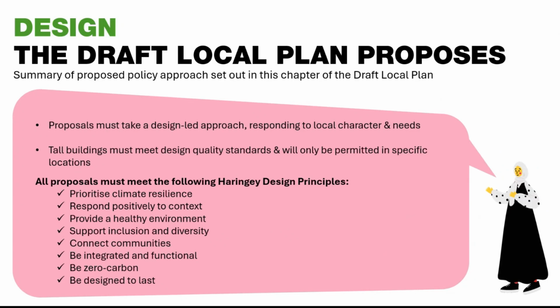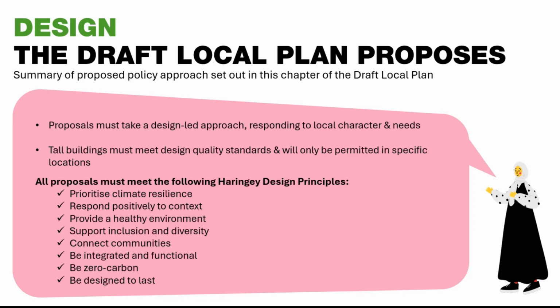So just to summarise the policies that are included in the design chapter of the plan, and some of the key priorities. Proposals must take a design-led approach, responding to local character and needs. Tall buildings must meet design quality standards, and they will only be permitted in specific locations.